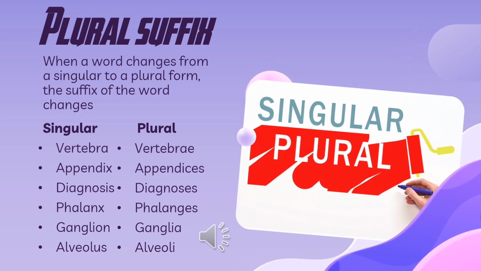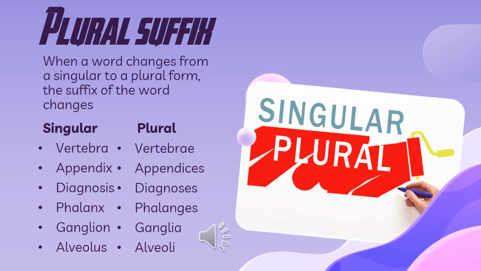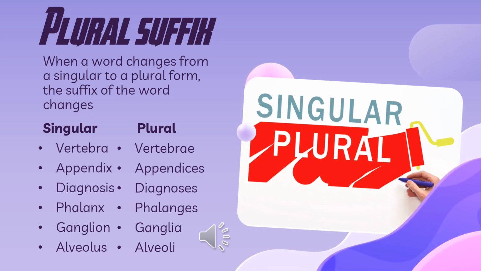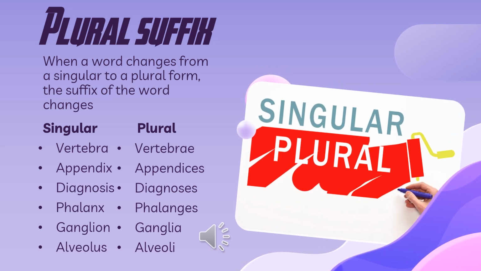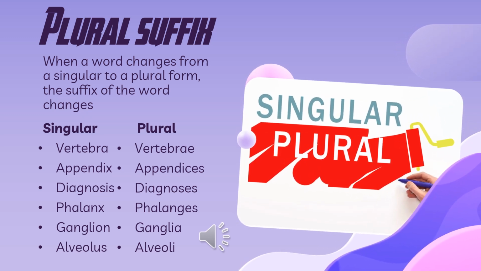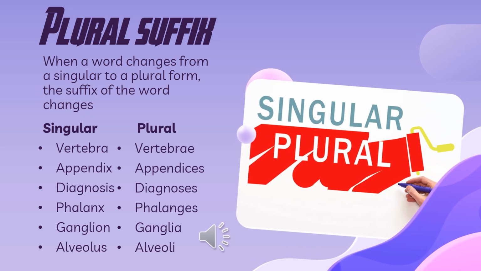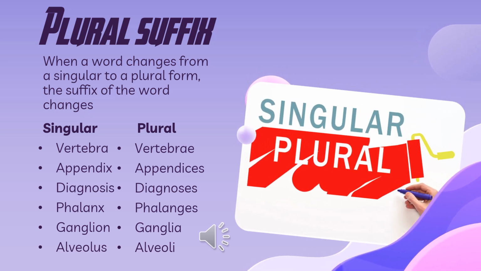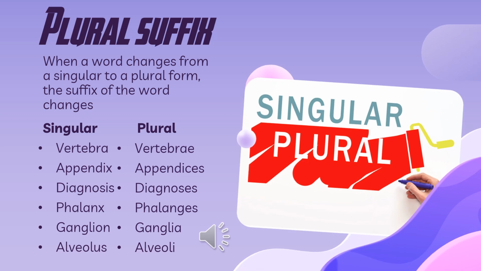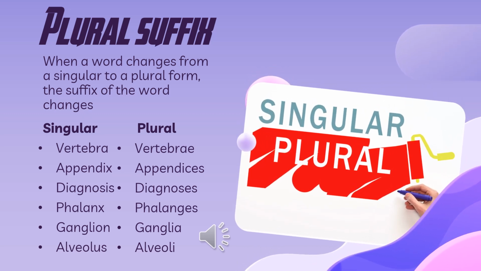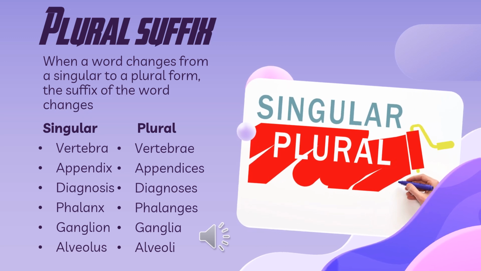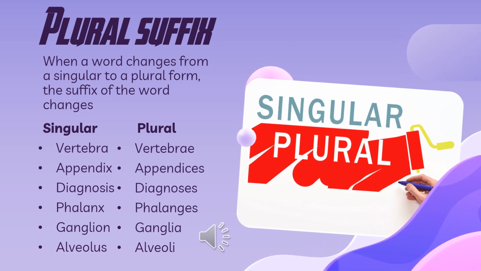The plural suffix. Many medical words have Greek or Latin origins and follow the rules of these languages in building singular and plural forms. When a word changes from a singular to a plural form, the suffix of the word changes. If the singular term ends in the suffix a, the plural is usually formed by changing the ending to e.